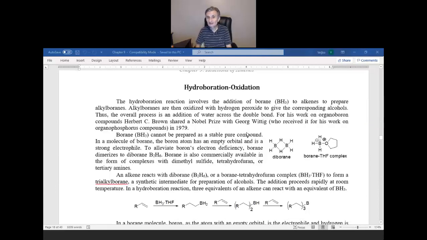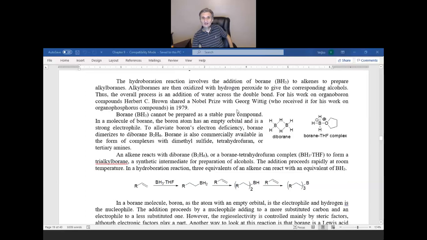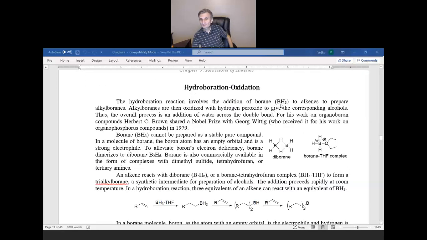And finally, hydroboration oxidation is the final type of reaction that we'll cover that proceeds through a cyclic transition state. Hydroboration means addition of hydrogen and boron, and oxidation, that is oxidation of the resulting product. Boron reacts in the form of borane, BH3.